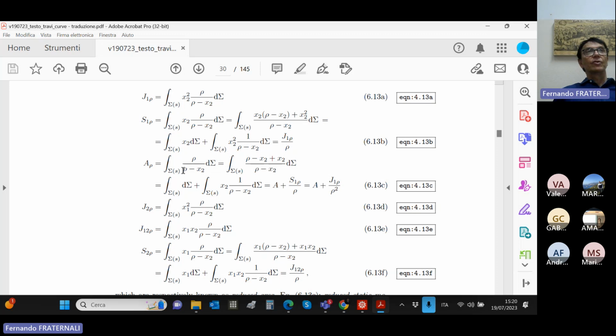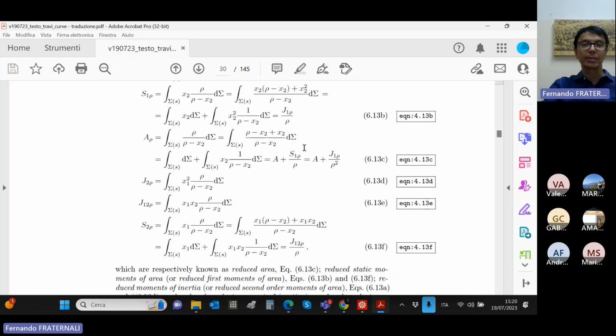Obviously we have some more complicated expressions, because in J the coordinate x2 is at the denominator. In order to remember their meaning, you can just think that it is the classical expression of the analogous quantity for the straight beam with a J incorporated in the integral.